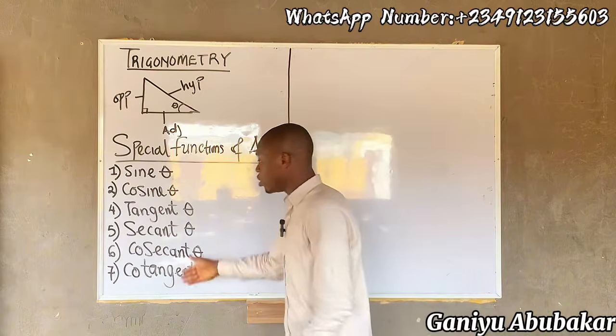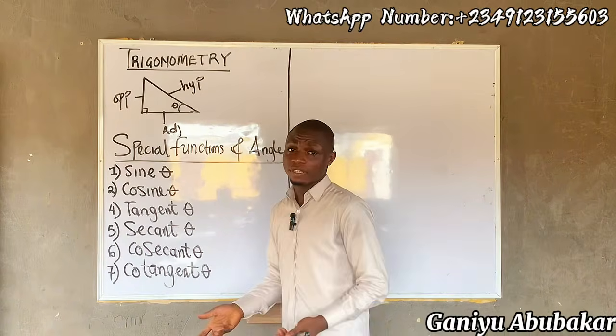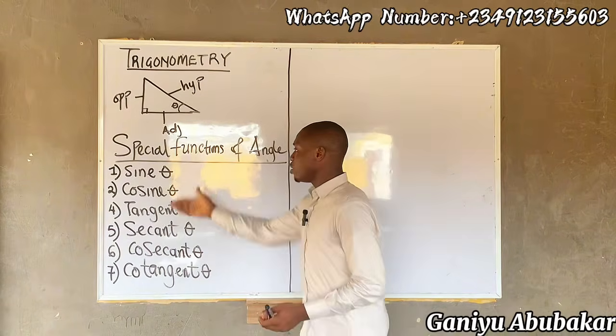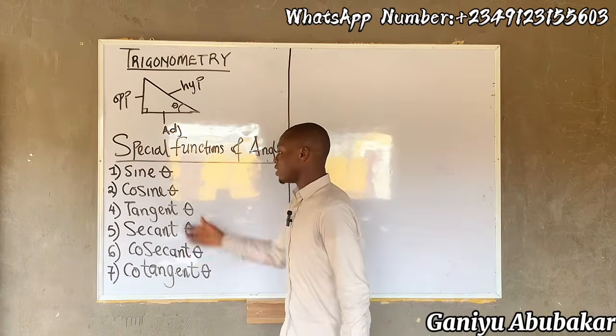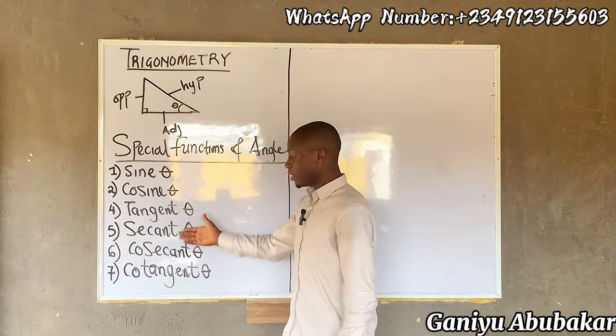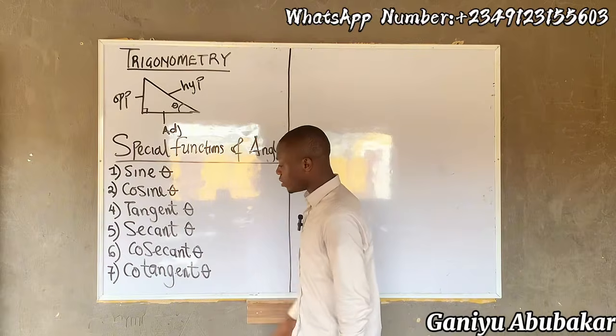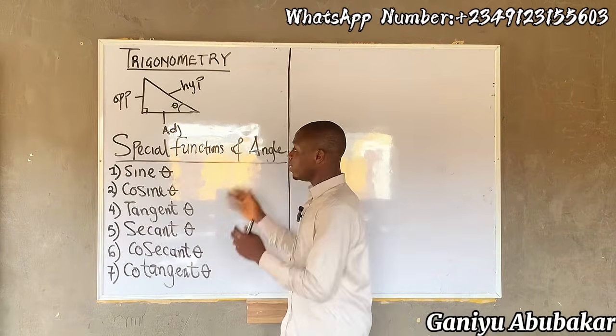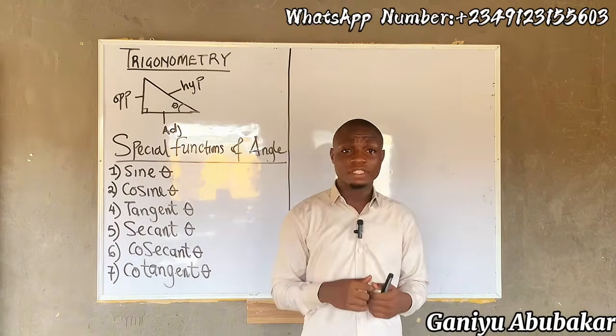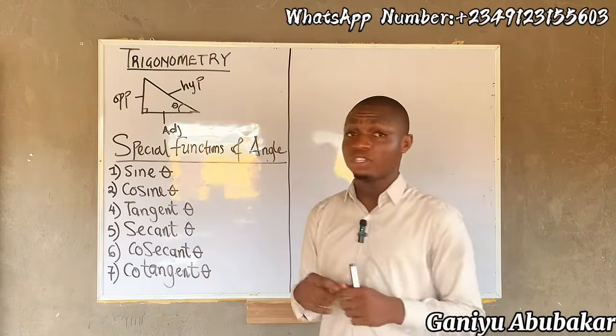If you don't know this, you can't study trig. So try to master sine theta, cos theta, tan theta, sec theta, cosec theta, and cotangent. Please, these are very important in the study of trigonometry.